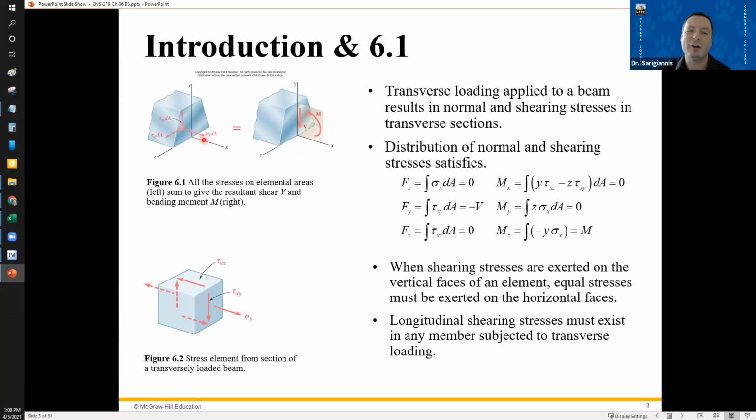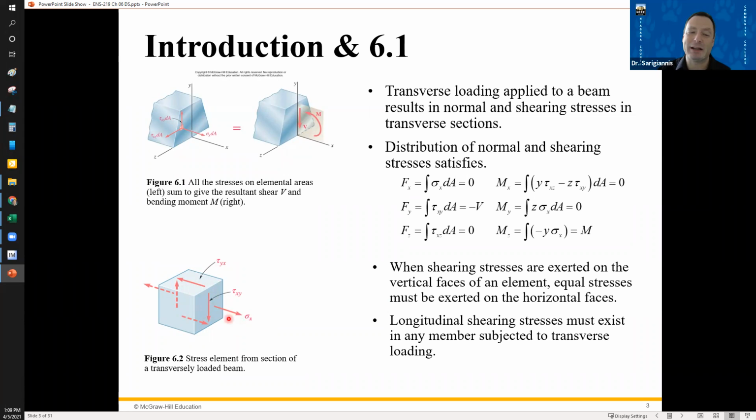We'll get into scenarios like that. But every face of an element in a beam or in a material, you can break it down. You can talk about the shear stress, tau xy, right? So this would be the shear stress in the y direction on the plane with an x perpendicular axis. That makes any sense.